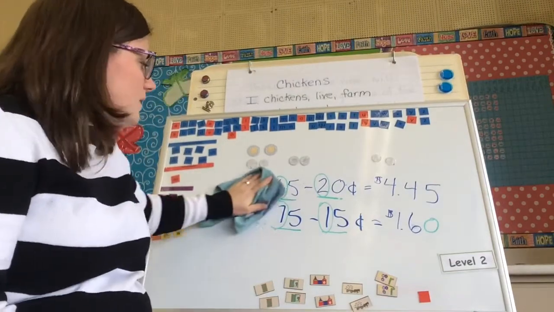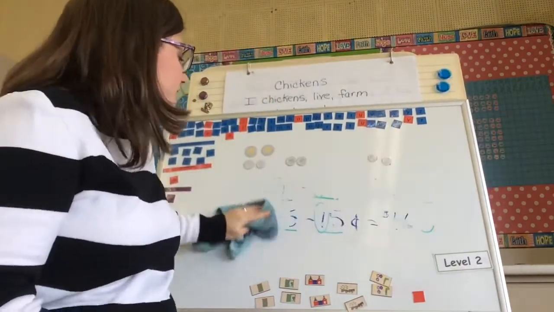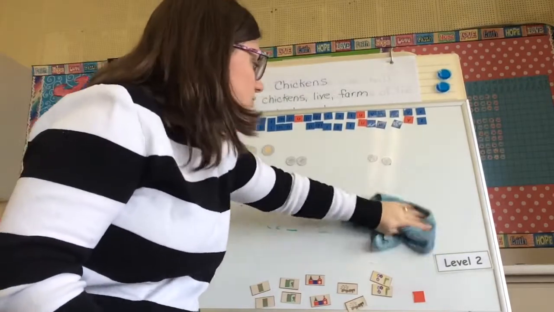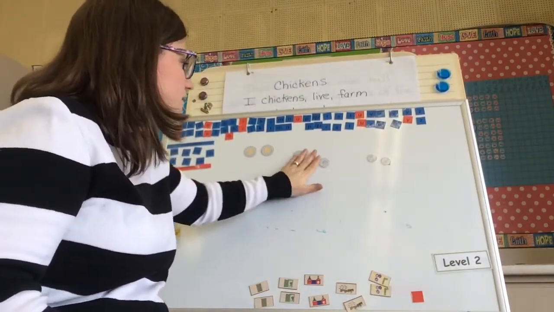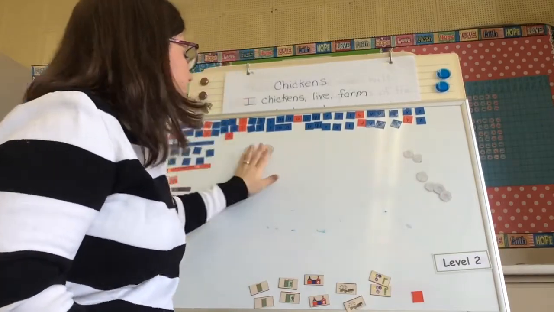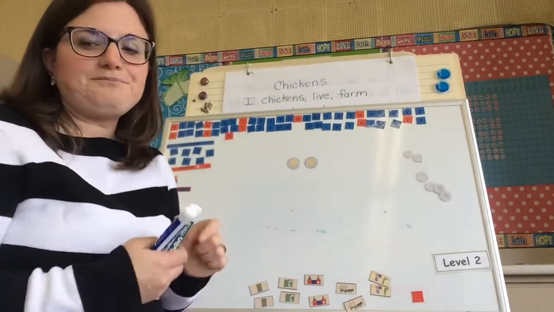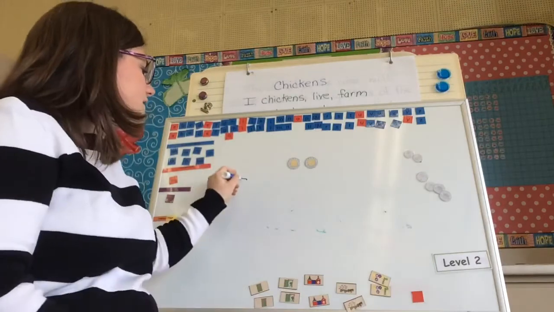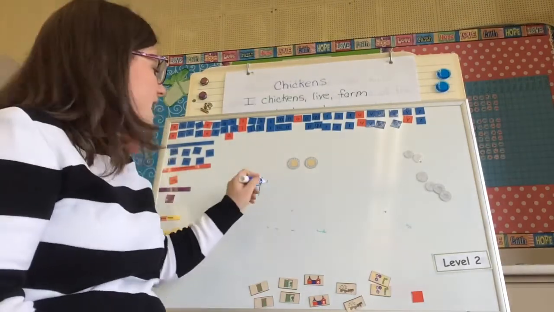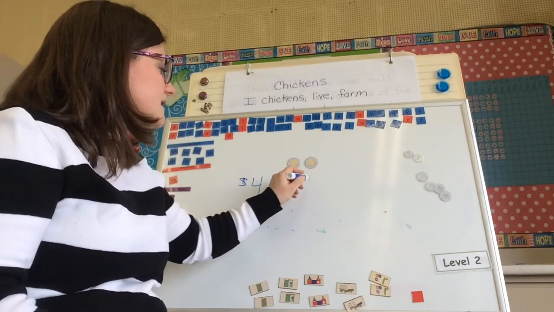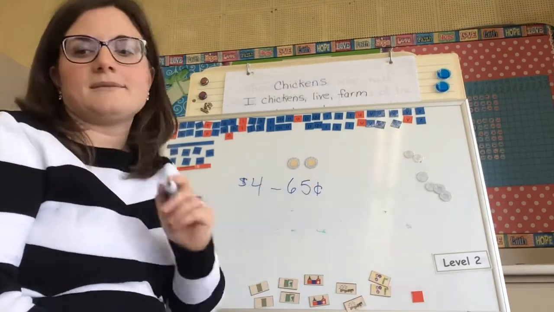Now, what would happen if I have my 2 toonies? Okay, so I'm going to take everything else away, and I'm just going to have my 2 toonies here. Okay, so if I have $4, but I buy something and it costs me 65 cents.